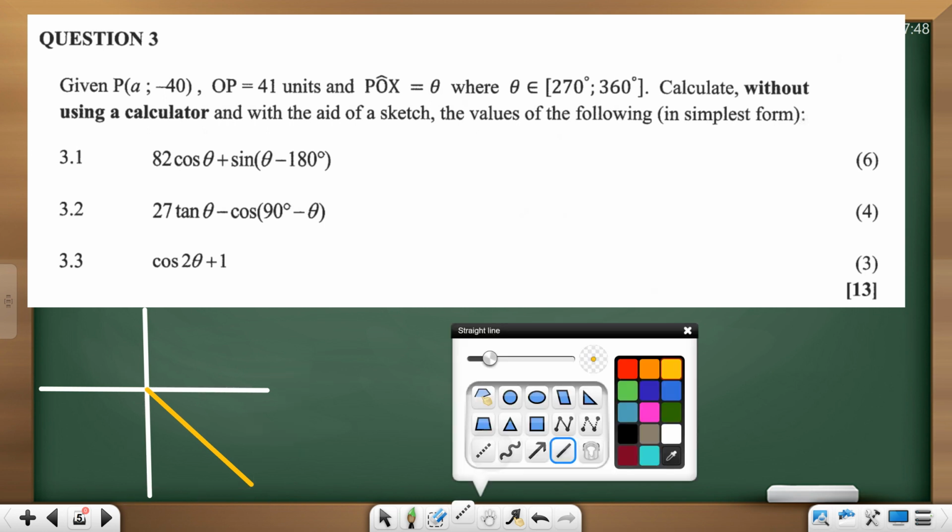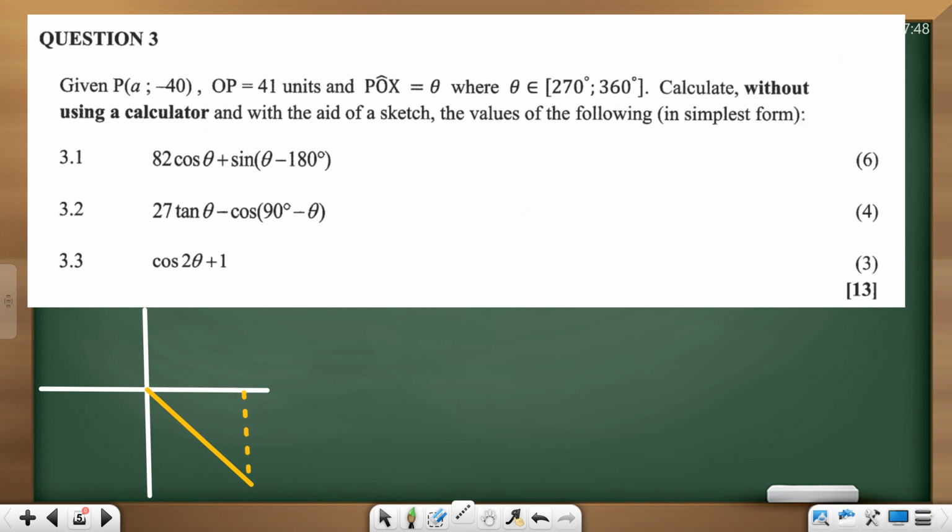So draw your right angle triangle. This has marks. Please don't just do it on a rough page. It's theta, right? Lovely. So it is OP because they said given P(A, -40). So our X is A and our Y is minus 40. That's our Y. That's our A. That's O. OP is 41.